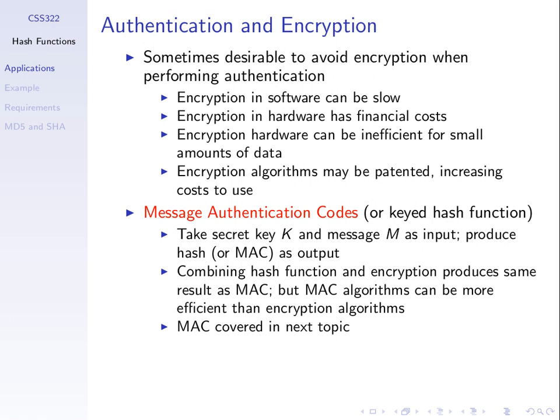Let's use symmetric key encryption to provide authentication. If I encrypt some message with symmetric key encryption, I know the secret key, the destination knows the secret key. If I encrypt the message and send the ciphertext, then we know that we have some form of authentication, because if the destination can decrypt successfully, then it must have been encrypted with the secret key.